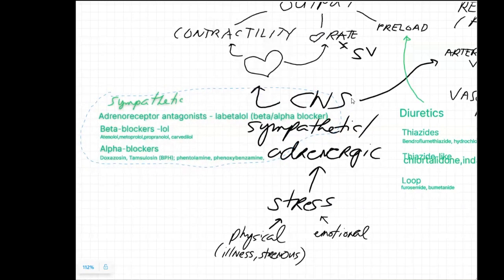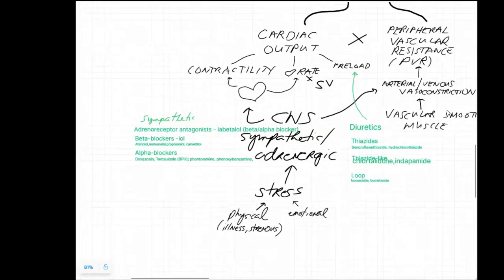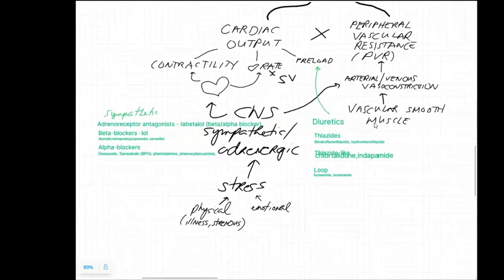Okay. Now, because they affect the sympathetic nervous system, they technically affect the heart rate, and at the same time, they also affect the vasoconstriction, right? So beta blockers will cause vasodilation and decrease in heart rate at the same time.